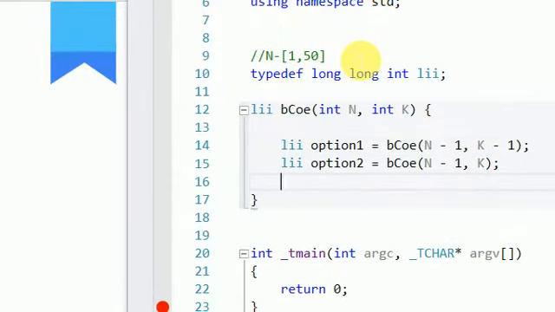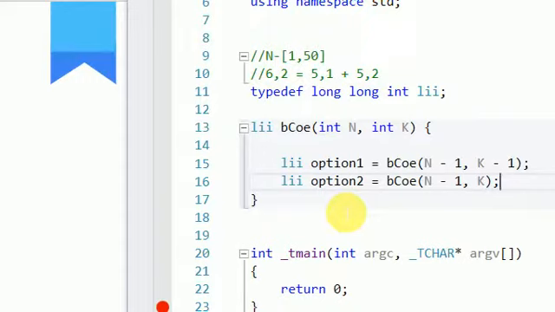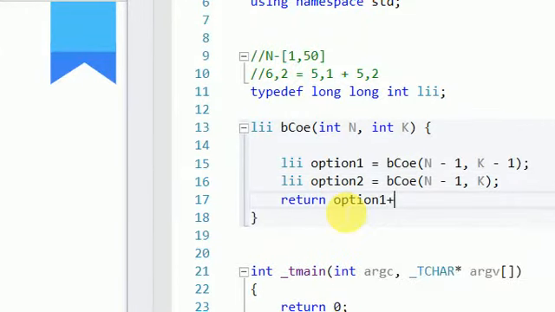For binomial coefficient of 6 comma 2, how will you write it? It is 5 comma 1 plus 5 comma 2, right? So n minus 1 comma k minus 1 plus n minus 1 comma k. You just return these two options as a sum.